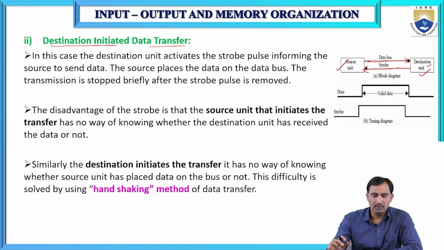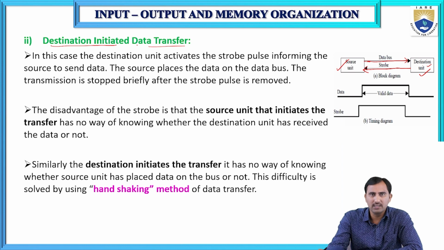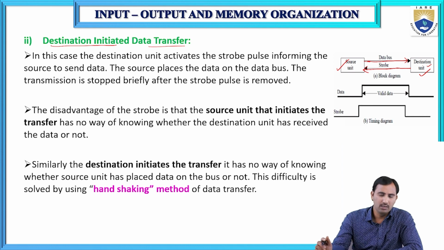But we have a major problem with this strobe based data transfer. The drawback is that when the source or destination transfers the data, it doesn't know whether the transmitted data is received by the other unit or not. So that is the main problem with strobe based data transfer.